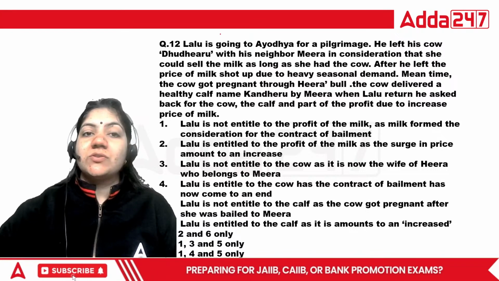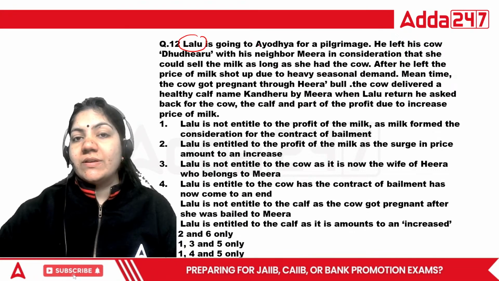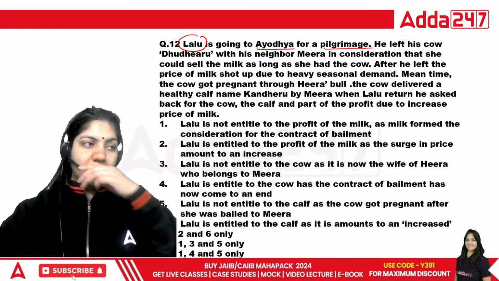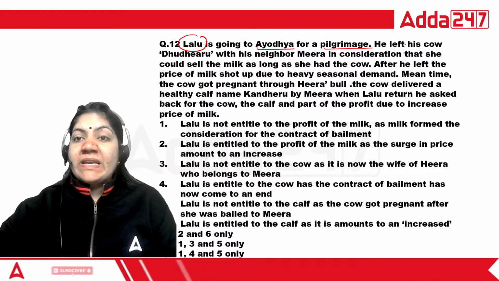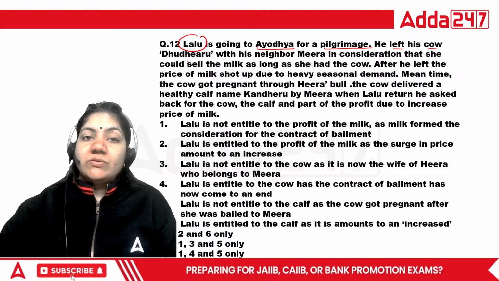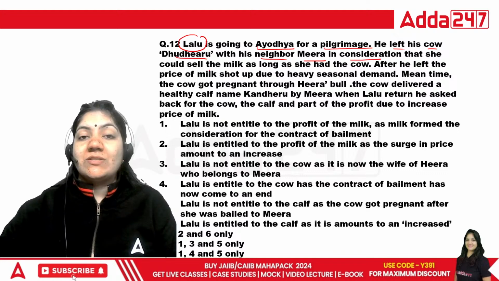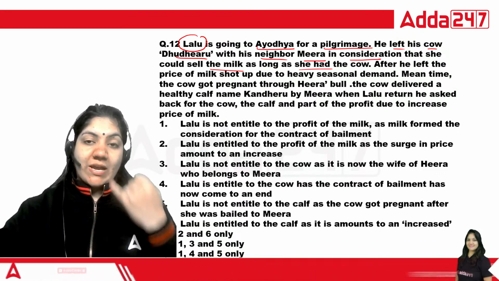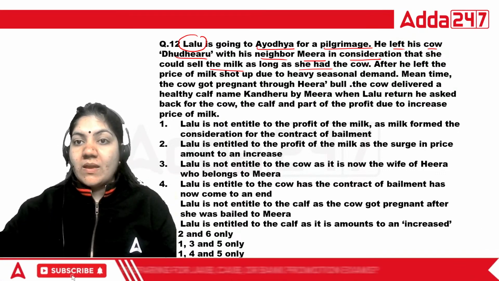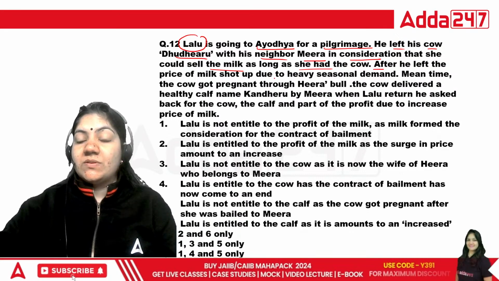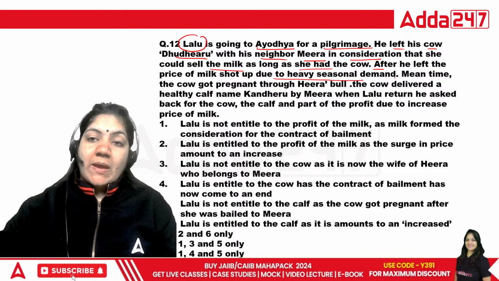What is given in this question? Lalu is going to Ayodhya for a pilgrimage. He left his cow Dudheru with his neighbor Meera in consideration that she would sell the milk as long as she had the cow. After he left, the price of the milk shot up due to the heavy seasonal demand.